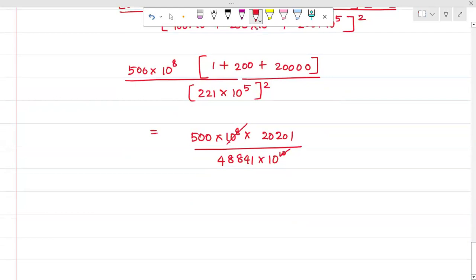Okay. So finally I have 500 into 2021 divided by 4884100. So my final answer, what I'm getting is 2.068 is the PDI that I'm getting.